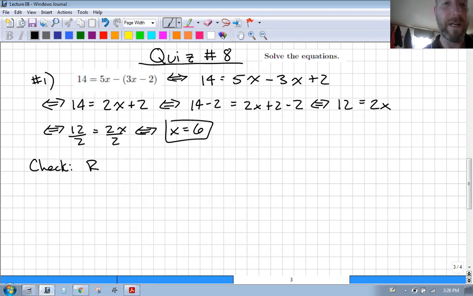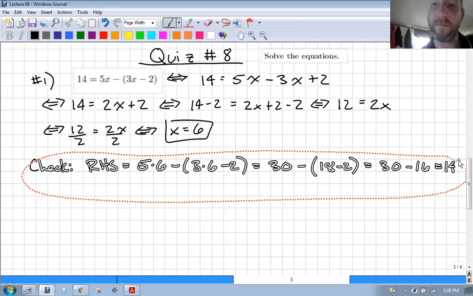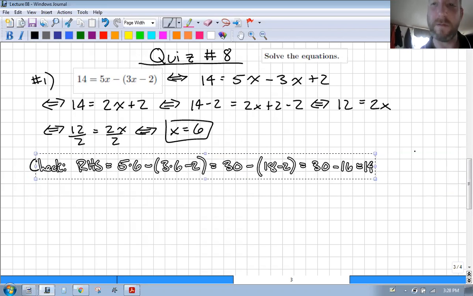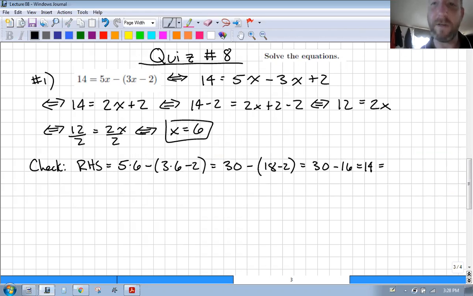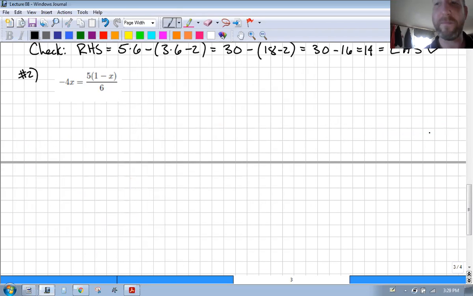So our right-hand side, if we plug a 6 in for x, we get 30 minus 18 minus 2, which is 30 minus 16, which is 14, which is the left-hand side. So we're good to go there. All right, let's look at number 2. Any questions about number 1?